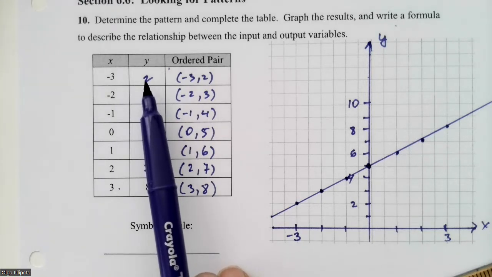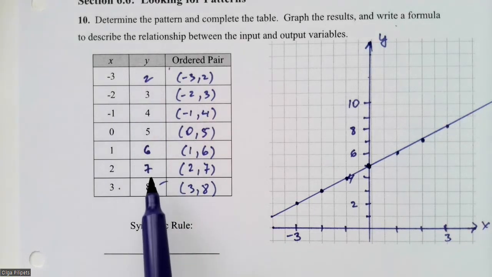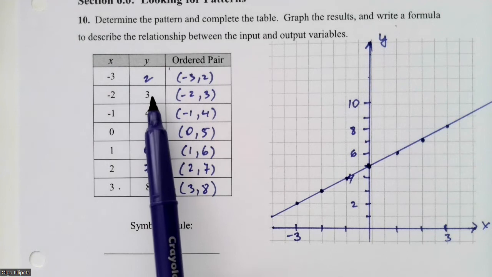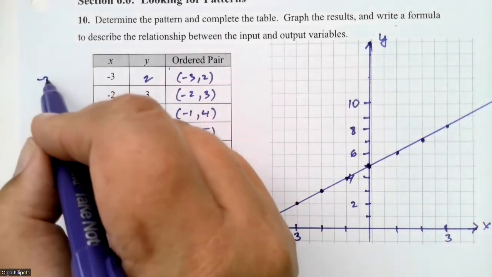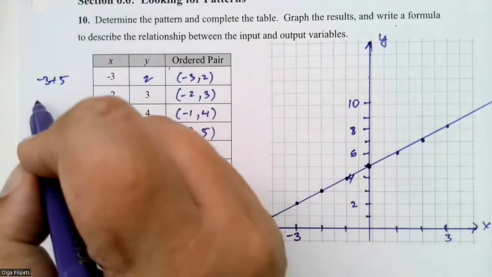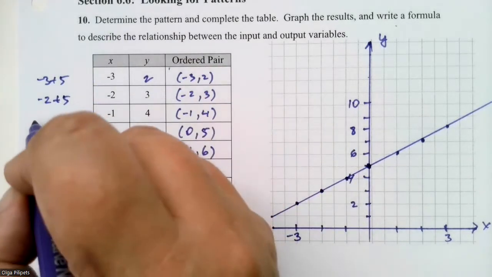Now, the problem is it should work for all of the pairs. So if we take -2, add 5, do we get 3? The answer is yes. So -3 plus 5 equals 2, -2 plus 5 equals 3.